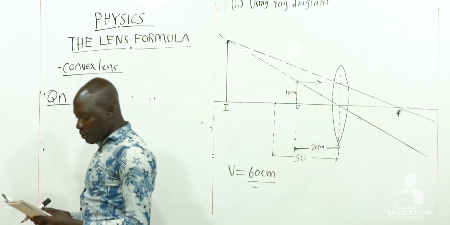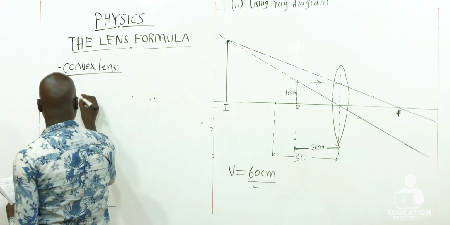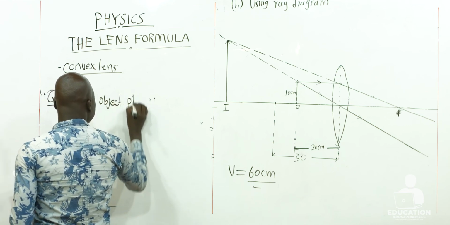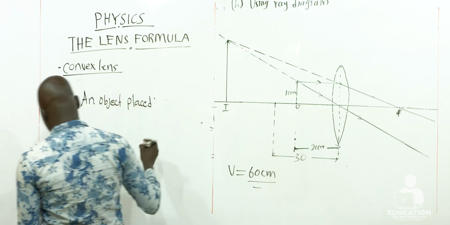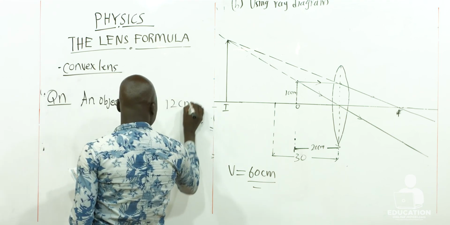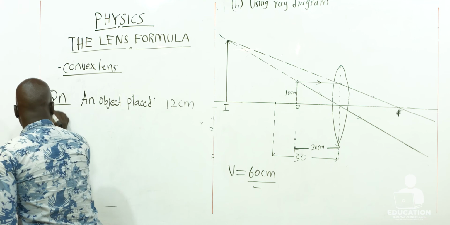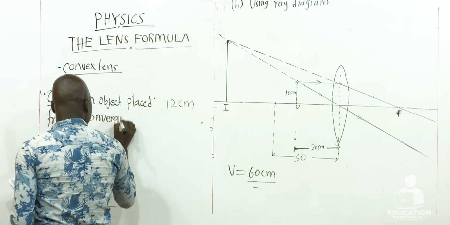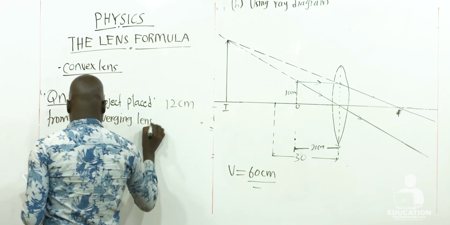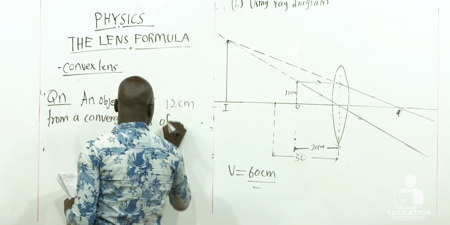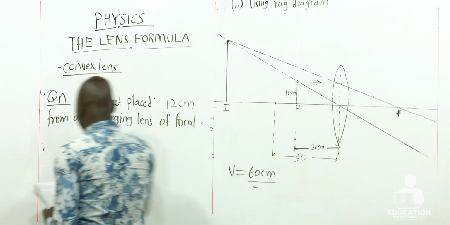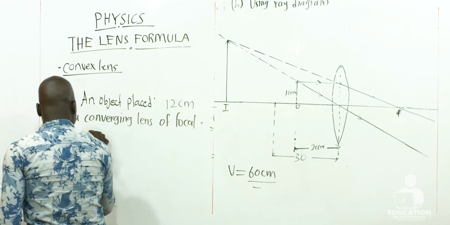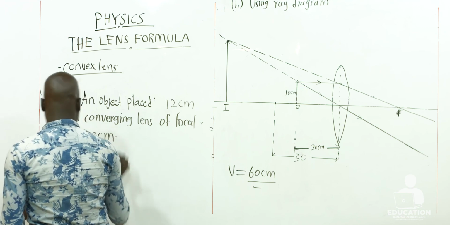You can be given a question which says: an object placed 12 centimeters from a converging lens of focal length 18 centimeters.